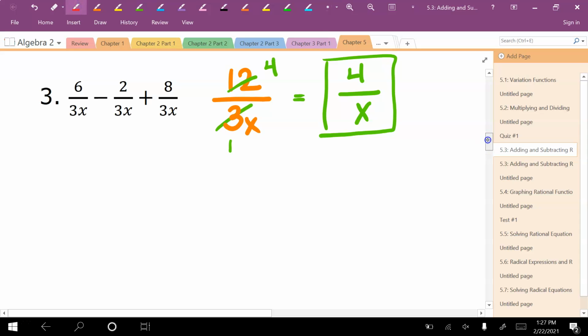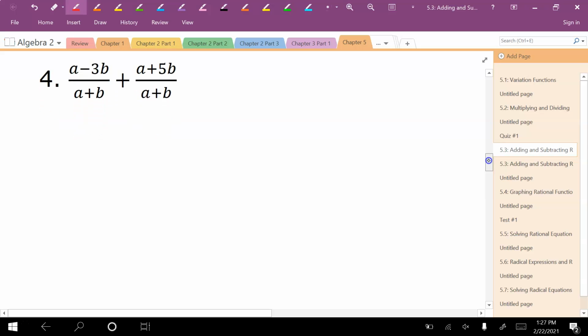Okay, let's take a look at number 4. So again, I already have my common denominators. It says a plus b on the bottom. I'm going to just combine the top pieces, and we're adding them together. So if you combine the top, what is it going to say?